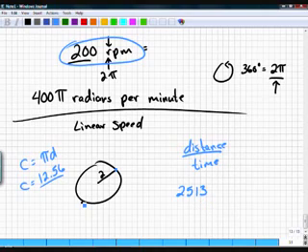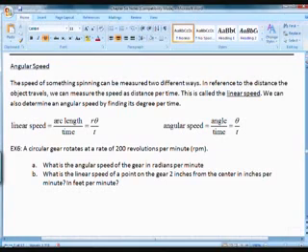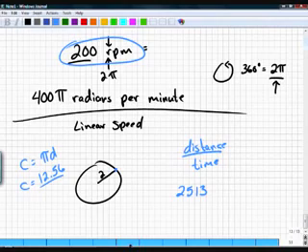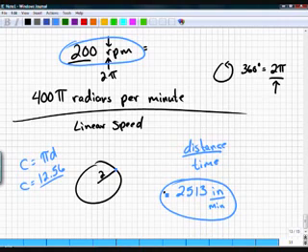What is the distance traveled measured in? Go back to the problem, inches. So 2,513 inches per minute. That's how many inches this thing travels, because one rotation was 12.56. But it spun 200 times in 1 minute, so it traveled this far.